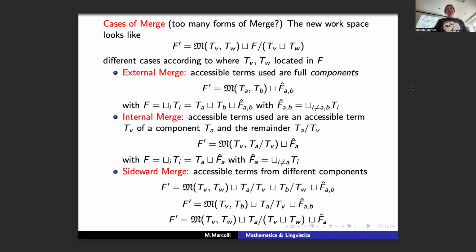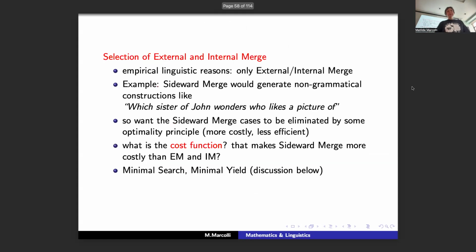Part of the reason is that it's known that some of these sideward merge operations give rise to constructions that are not syntactically viable. So you want to have some good reason for killing off some of these forms of merge. The idea is that some of these terms are dominant with respect to other ones.